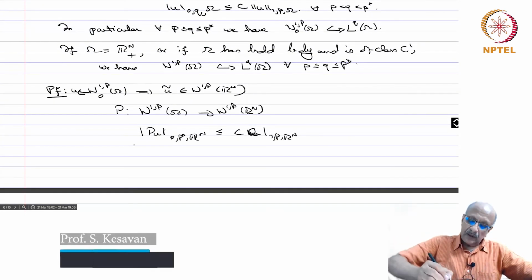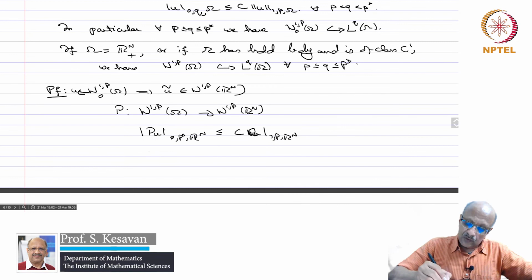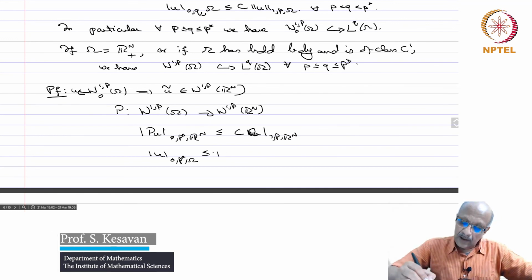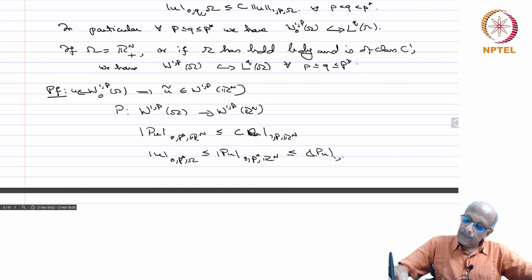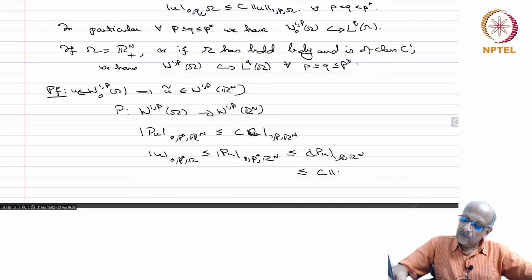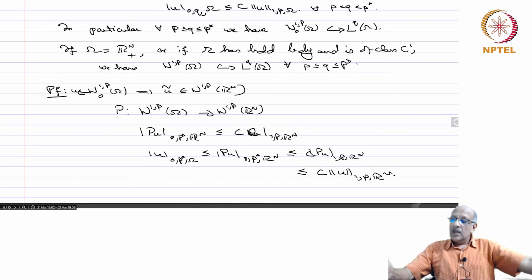But what does it mean? Pu restricted to omega is u. So norm u 0 p star omega is again less than or equal to norm Pu 0 p star R^n, which is less than or equal to C times norm Pu 1 p R^n, and P is a prolongation operator, so this is less than or equal to C times norm u 1 p omega, sorry.